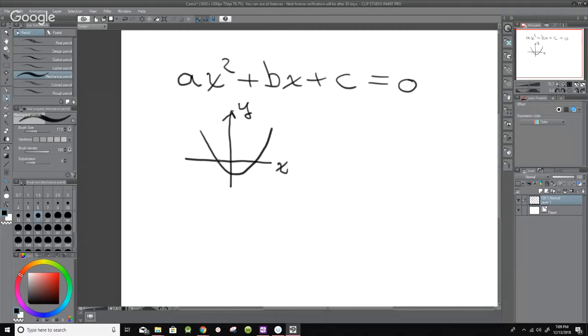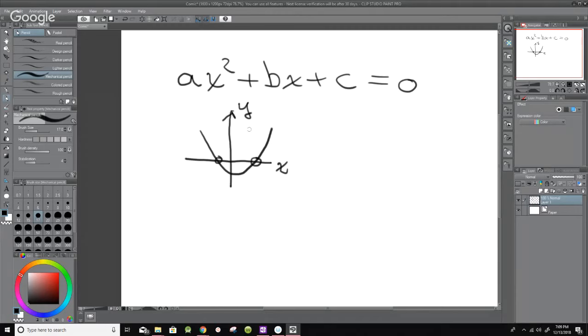When they talk about the roots, they're referring to these points where the curve passes through the x-axis. The reason there's two of them is because this is a quadratic equation, because it's squared. That helps you understand how many times you might expect it to pass through the x-axis.